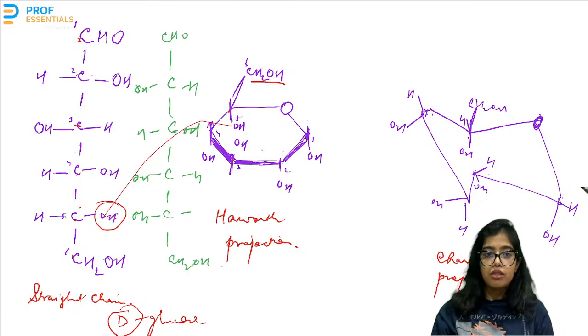So if this OH had been on the carbon adjacent to the terminal alcohol, if this OH had been on the left side, then it would be L-glucose. Understood?